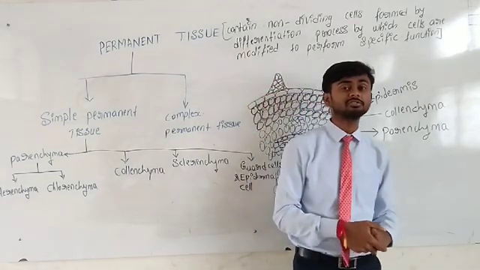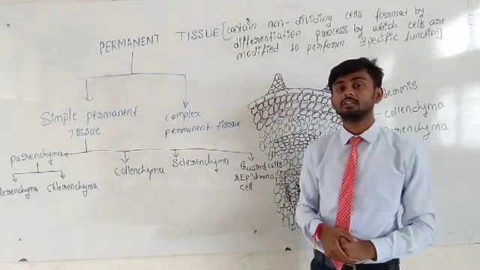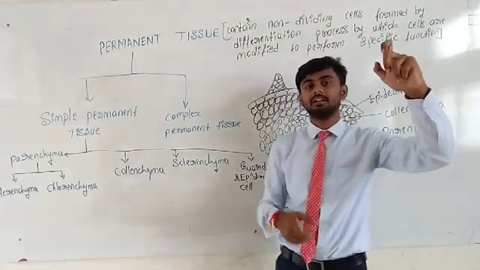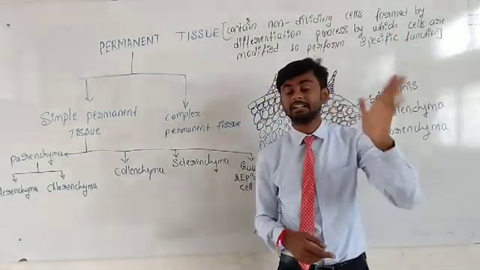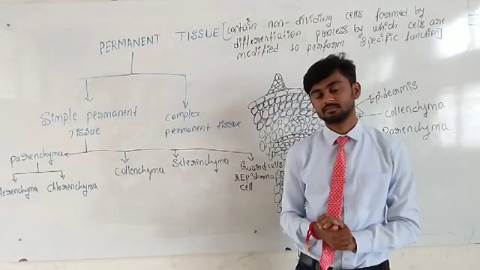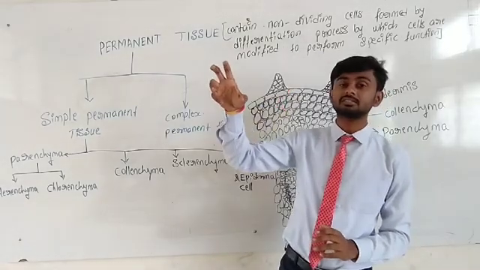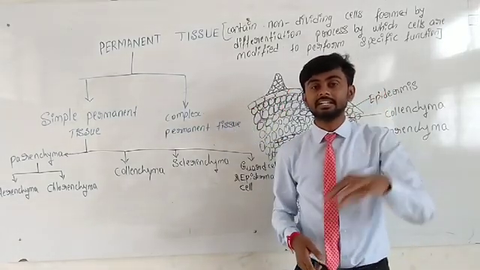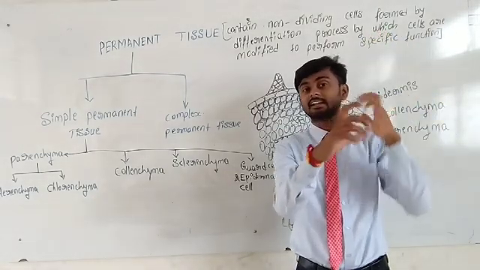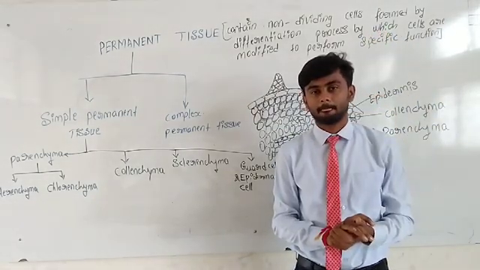Again, the meristematic tissues can be divided into three types: apical meristematic tissues, lateral meristematic tissues, and intercalary meristematic tissues.